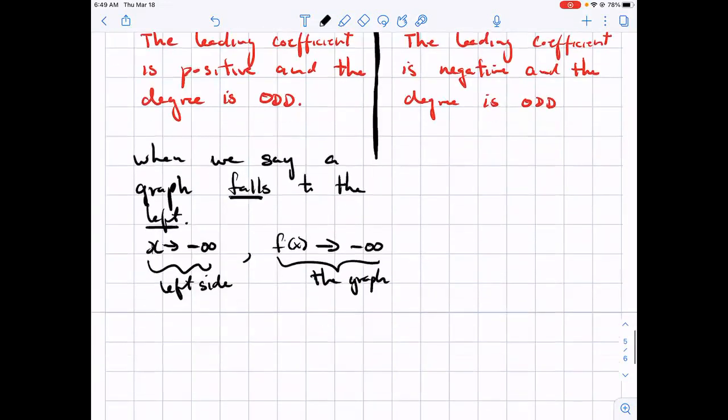This is the left side of the x-axis, and this is the graph of the function. This is just the notation in which we write it.